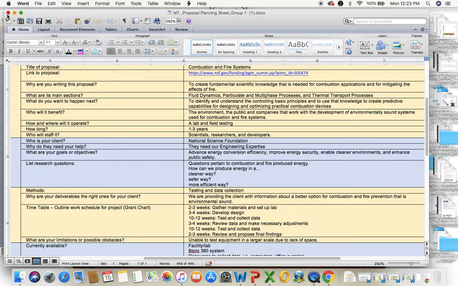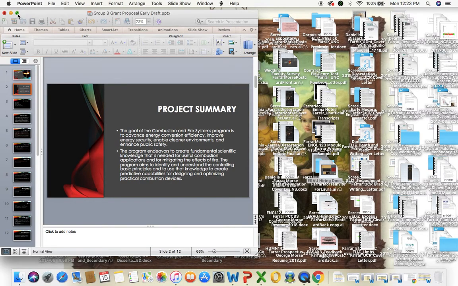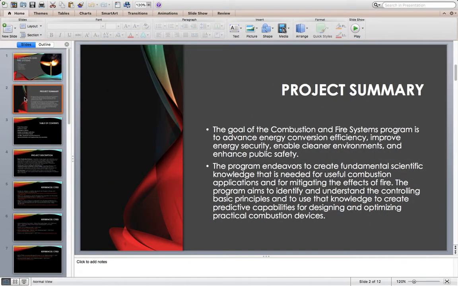So when I looked at your early draft presentation, the project summary seemed to be a summary of the CFP itself, which you don't want. You want this first slide to be more of an introduction, or proposal objectives, or project objectives.